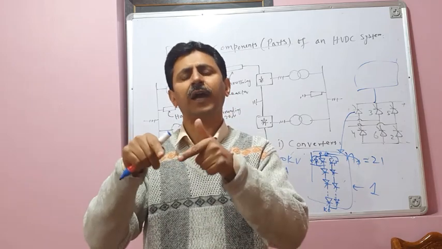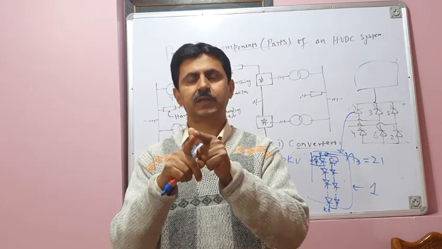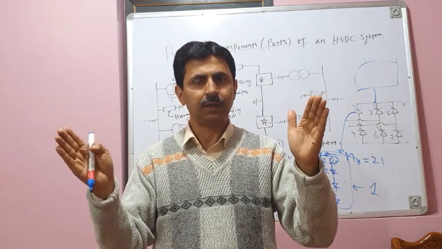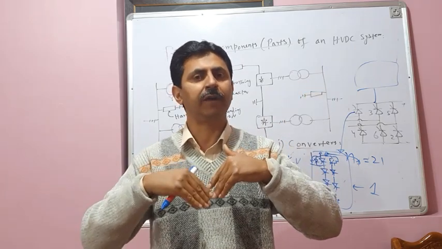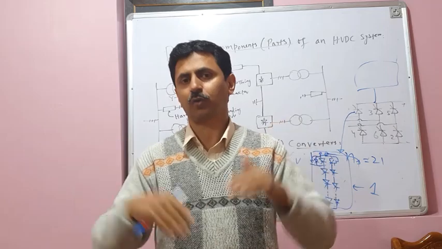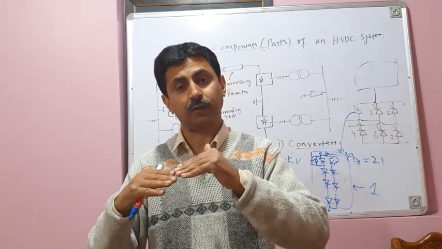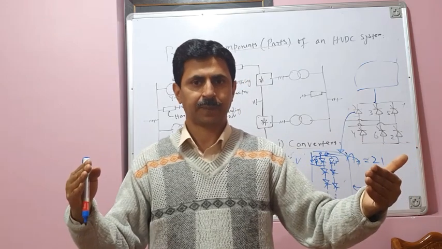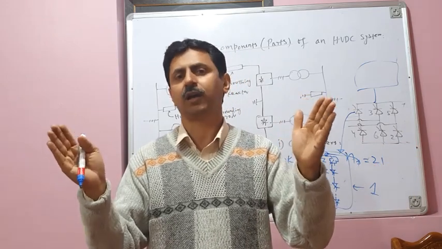And when the same valve is in the off state, the non-conducting phase, it should be able to block very high voltage and offer very large impedance to the flow of current. At that time, it should not allow any current to flow through it, and it should be able to withstand very large voltage.